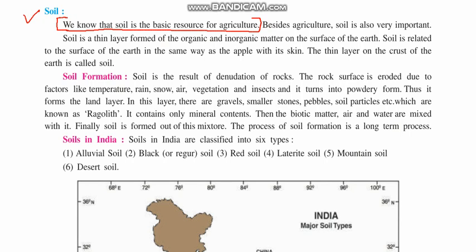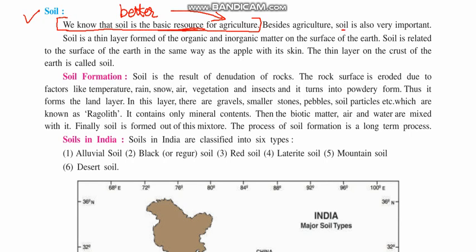In some places it is very sticky, while soil in the desert is sandy, while soil in the mountains is different from the soil found near your house. So it is different in different places, but it is the basic material needed for agriculture. The better the soil, the better the agriculture.